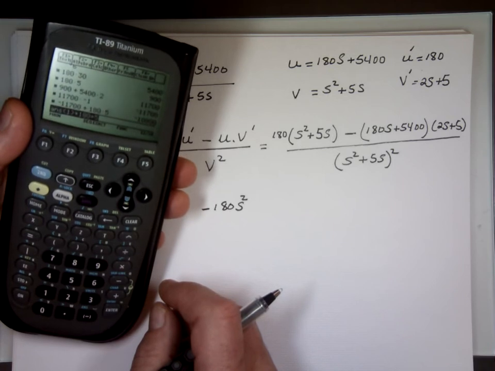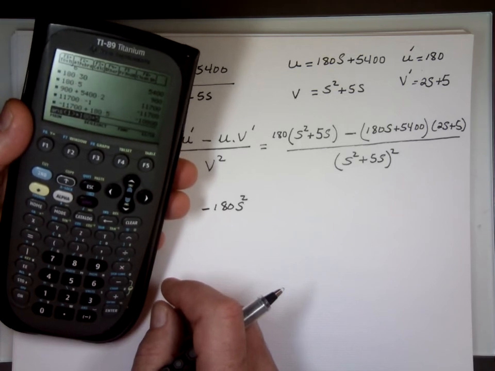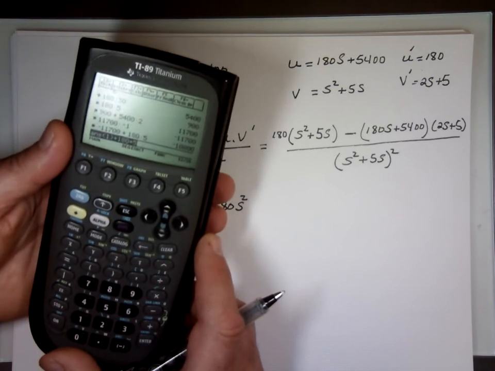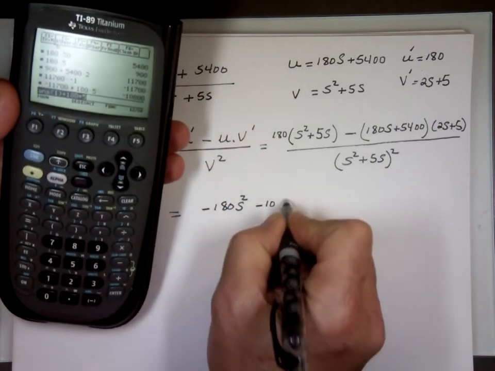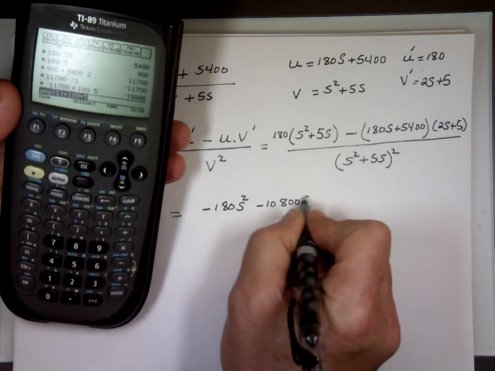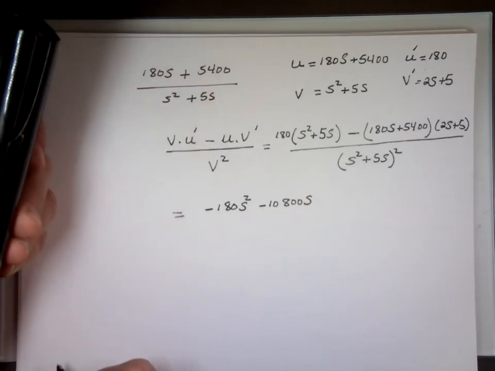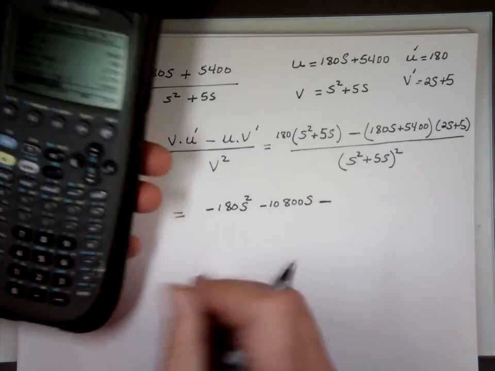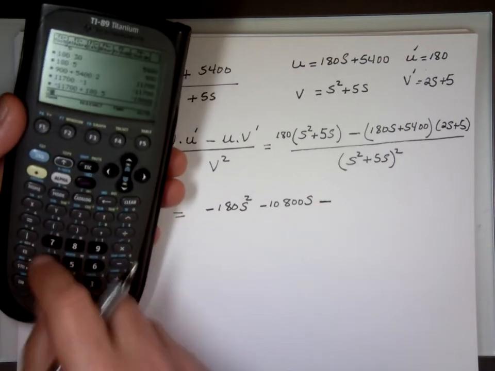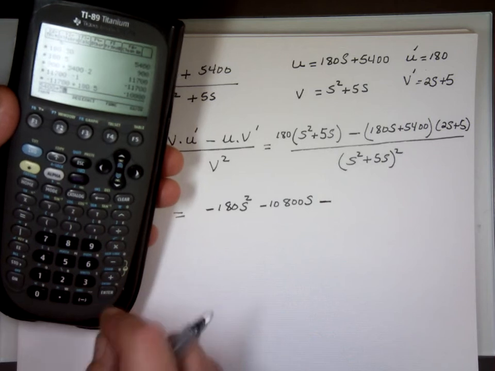I got negative, I think, 10,800. Is that what you got? If you collect all like terms, s. Now what is my constant? It's a negative 5,400 times the 5. I'm just collecting all like terms. 27,000.